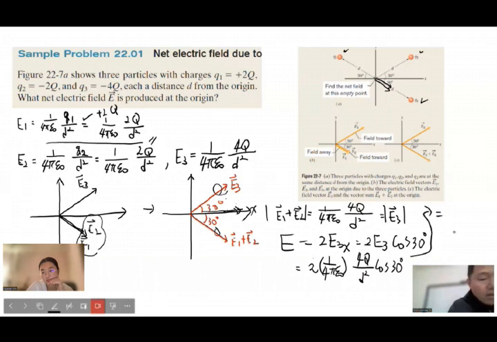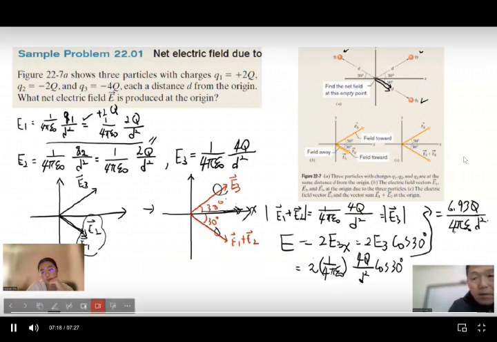And that is 6.93 Q over 4 pi epsilon naught D squared. Okay, that's the answer for this sample problem.